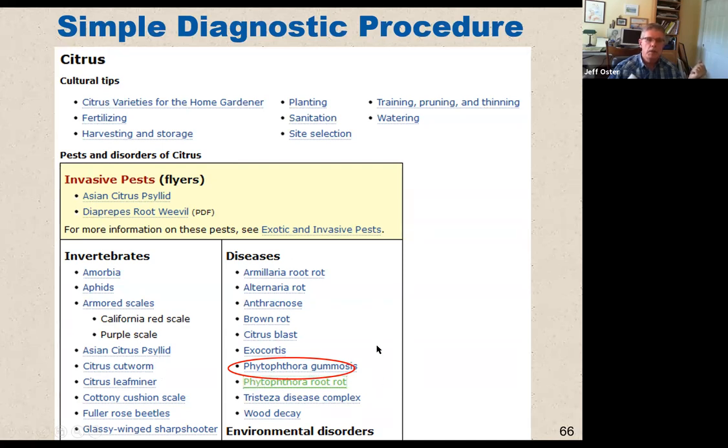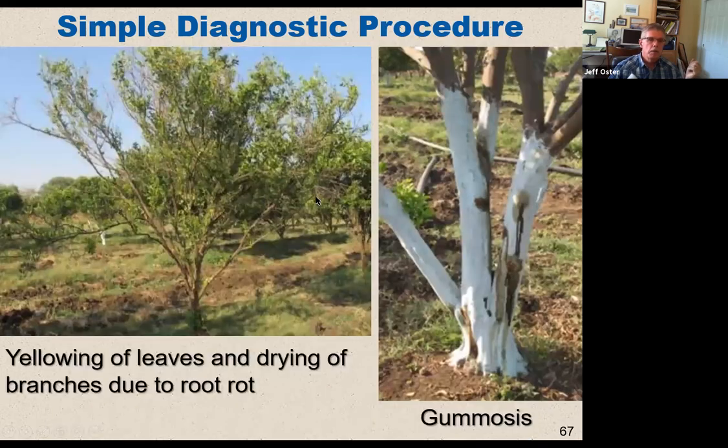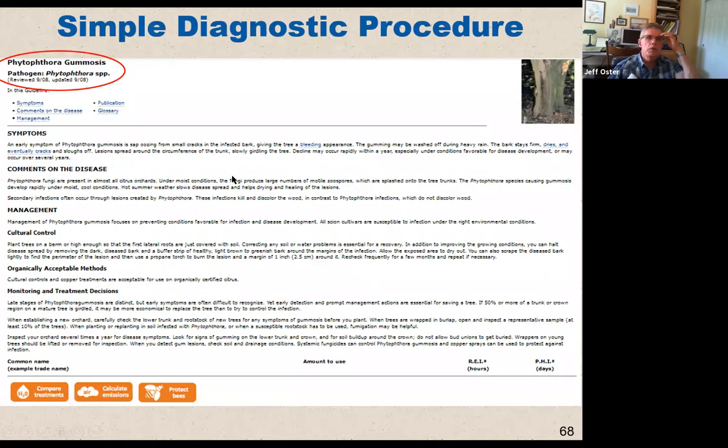In our particular case, we saw a gumming, a kind of a bleeding on the lower part of the trunk of our citrus tree. This is what we saw, dieback of certain areas of the citrus tree, gumming or resin on the lower part of the trunk typically. So we selected Phytophthora gummosis.